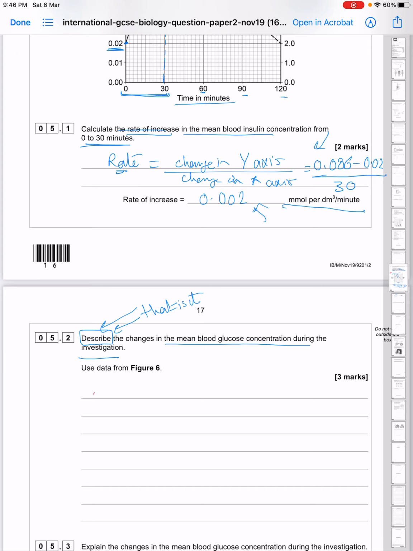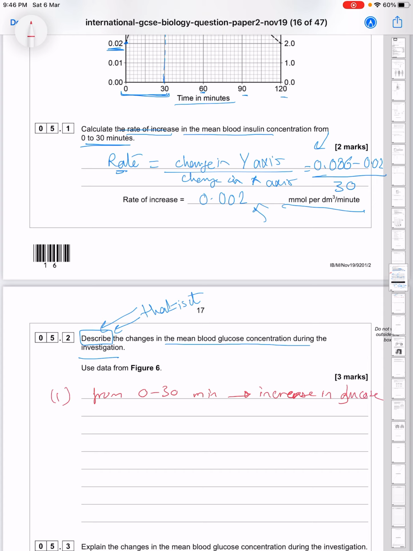So, describe the change in the mean blood glucose concentration during the investigation. I would say from 0 to 30 minutes there was an increase in the glucose level. That's the 1st mark. From 30 minutes to 90 minutes there's a decrease in glucose.